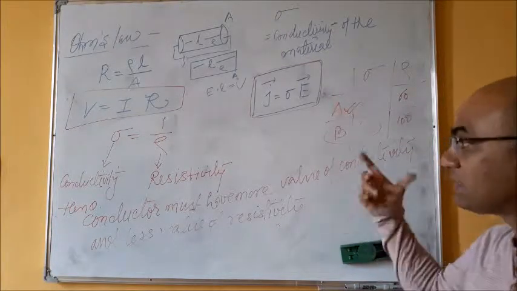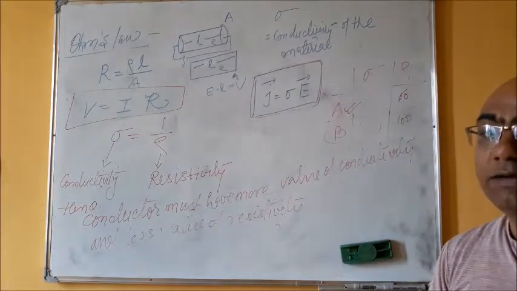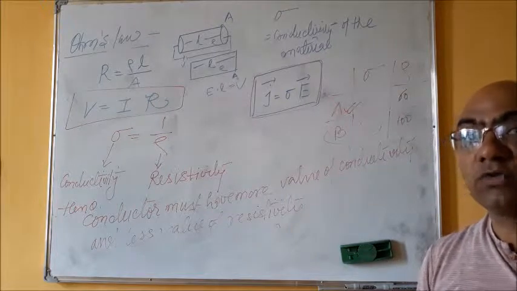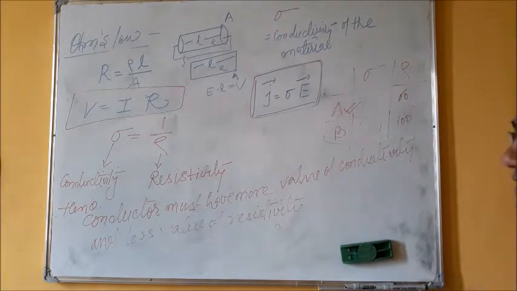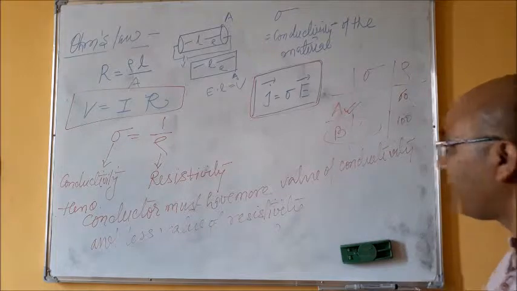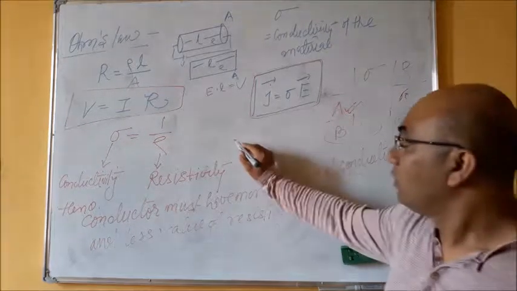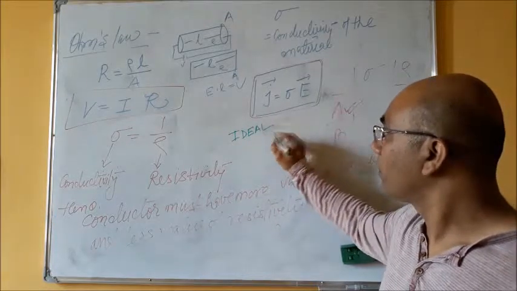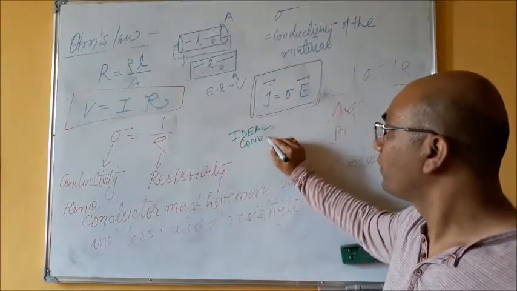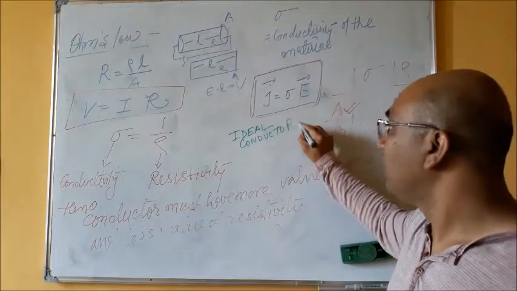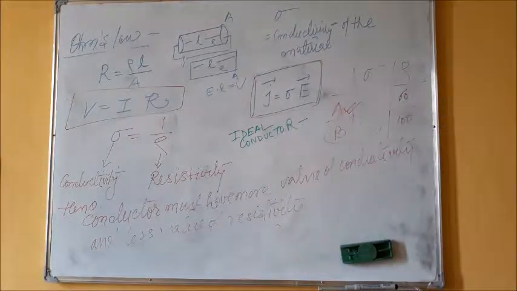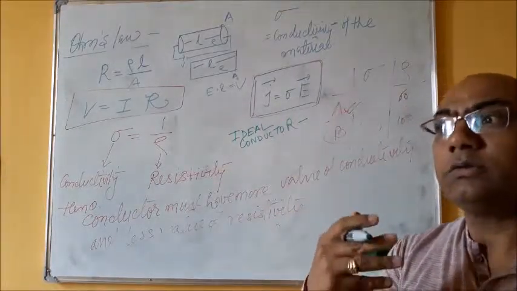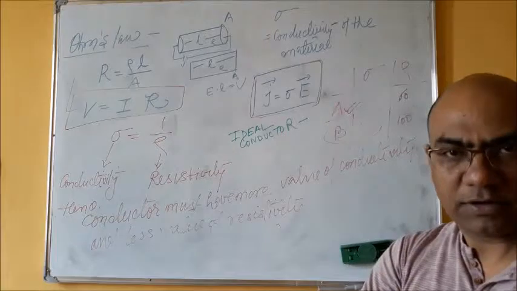So by the value of resistivity and conductivity, you can find the better conductor, and use it in various applications. Ideally, if anyone asks about an ideal conductor, it must have full support of flow of electrons.